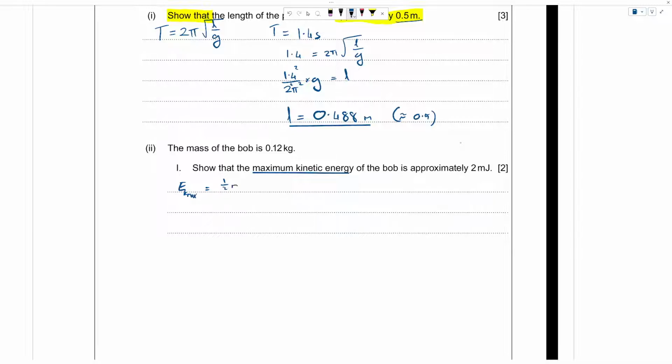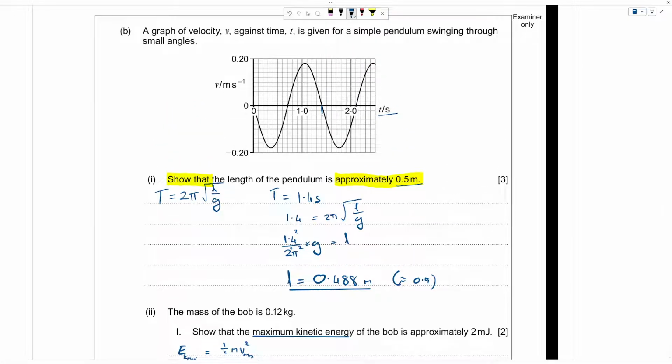That's going to be a half v max squared. And we've got a graph here of v against time, so we can simply read v max off our graph. Again, always be careful with the scale. This is in meters per second. So 0.2 up here. So that looks suspiciously like 0.18.